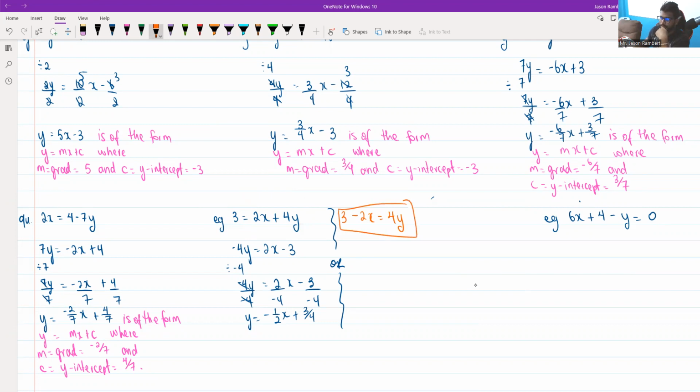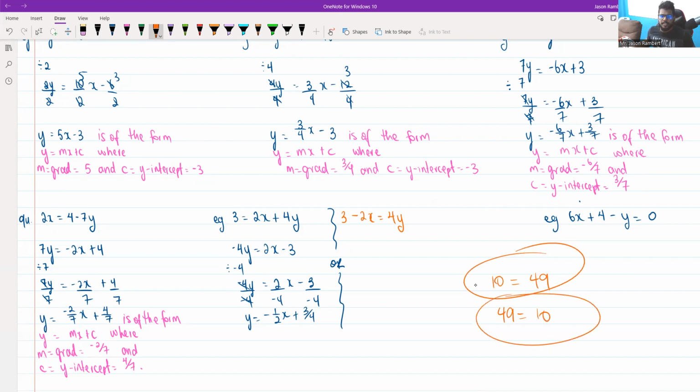This line here and this line here have the same value. I just write it a little different. If I tell all of you, well, fellas, 10 is equal to 49. And then I come and say 49 is equal to 10. Does this line and this line mean the same thing?